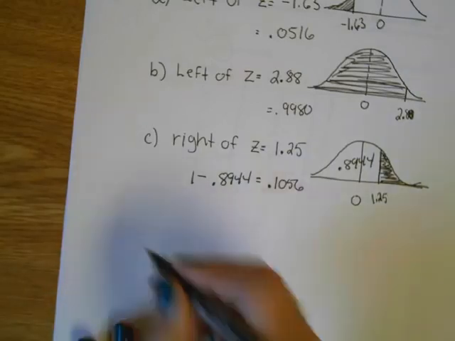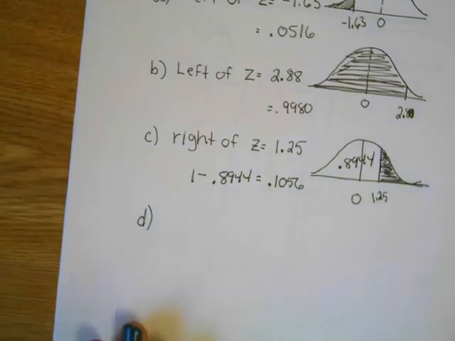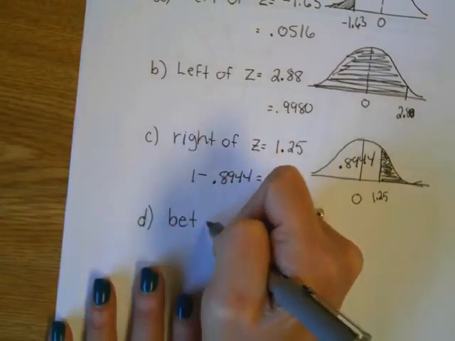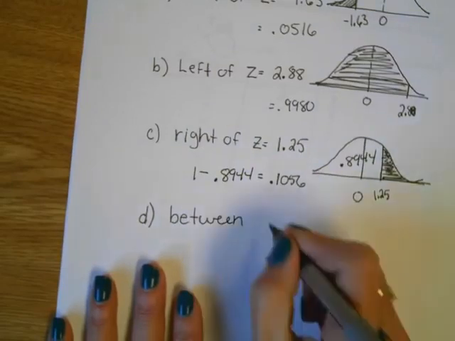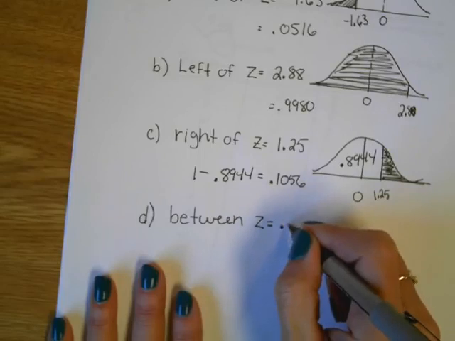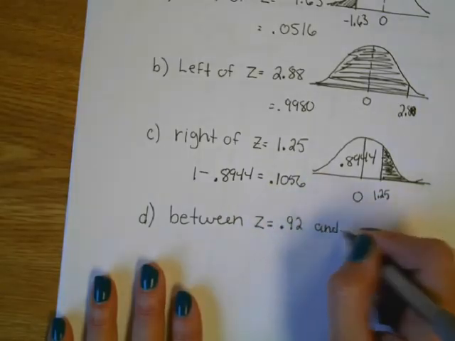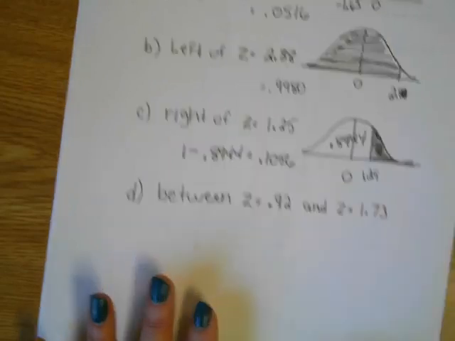Okay. We're done. No, I got one more thing I can ask you. Then we'll be done. So we can go left, we can go right, we can go in between. Let's go z-score of 0.92 and a z-score of 1.73.